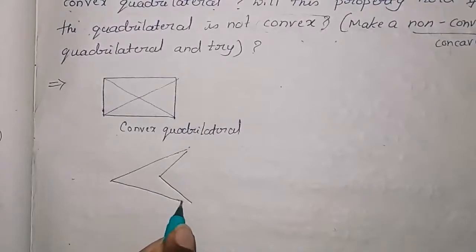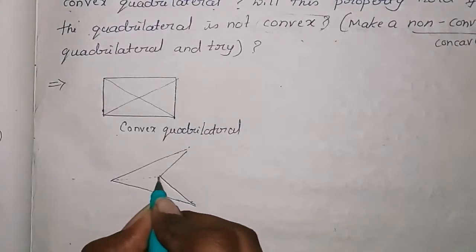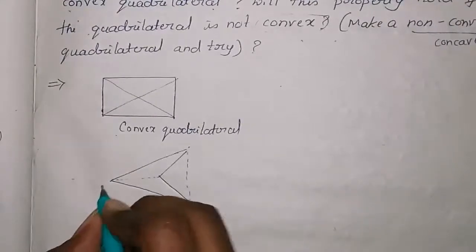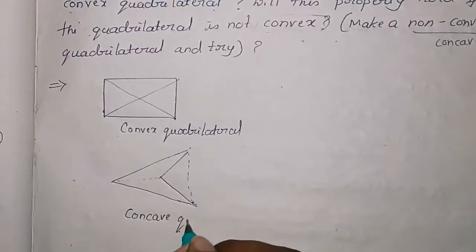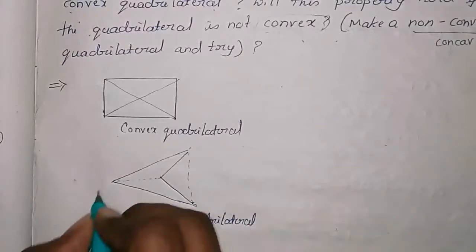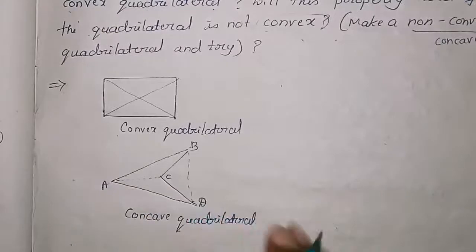Draw it with a pencil. You can observe here we can draw one diagonal, and here another diagonal. So we can say this is a concave quadrilateral. We will name this A, B, C, D.